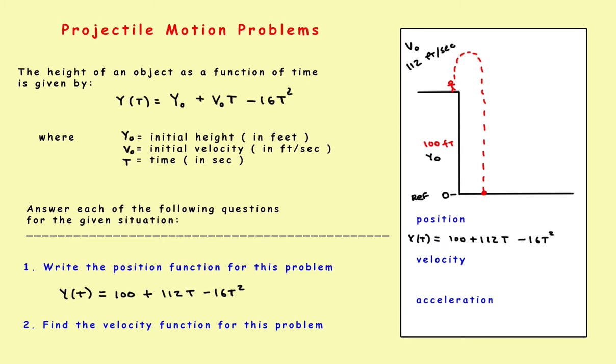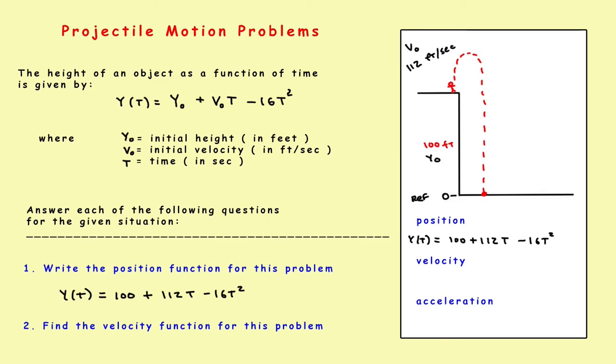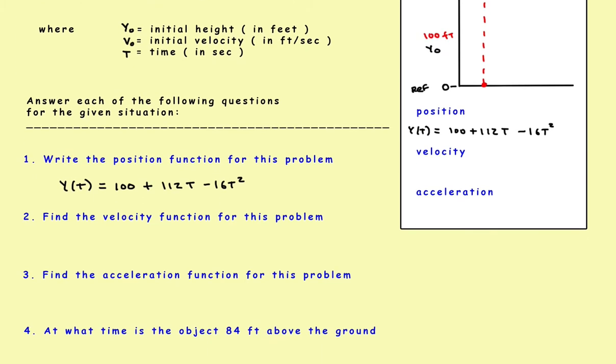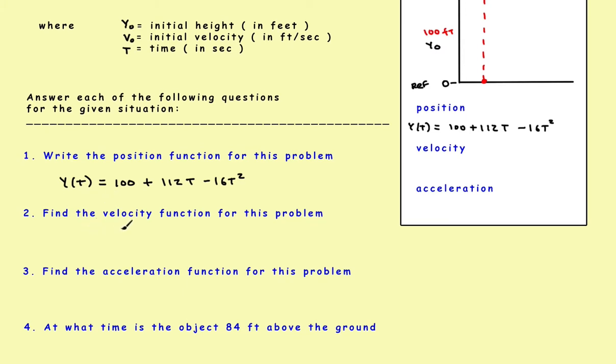Now the next thing is you're going to be interested in the object's velocity and its acceleration. So let's scoot down, and we'll also get the velocity function. Velocity is the rate at which position is changing, or in other words, velocity is the derivative of position. So if this is the object's position, its velocity would be given by y prime.